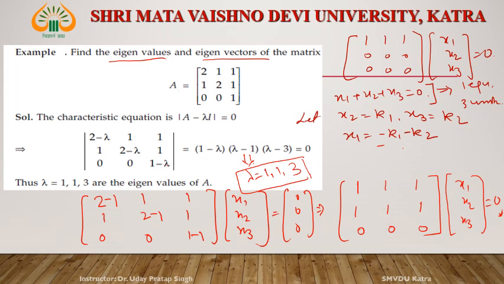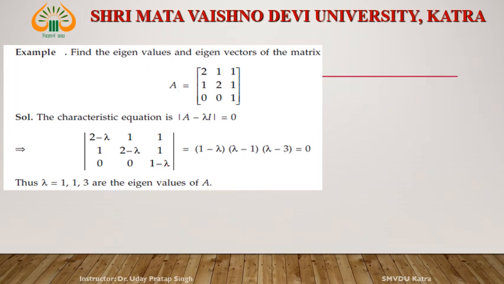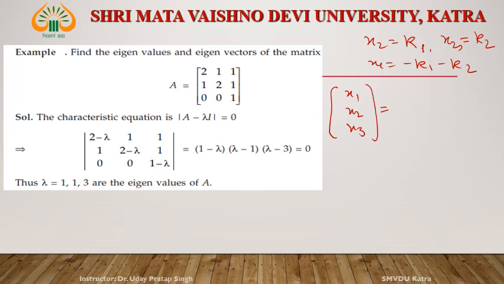Then what is our vector? x2 is equal to k1, x3 is equal to k2, x1 equals minus k1 minus k2. So the vector x1, x2, x3 is: x1 is minus k1 minus k2, x2 is k1, x3 is k2.